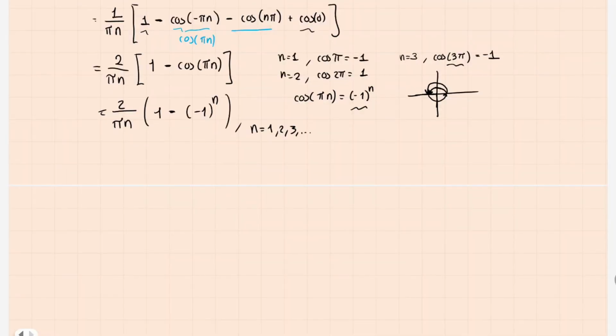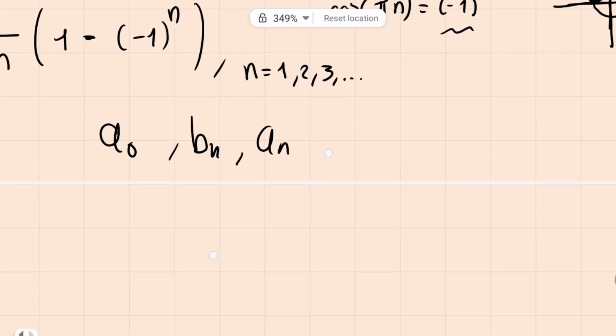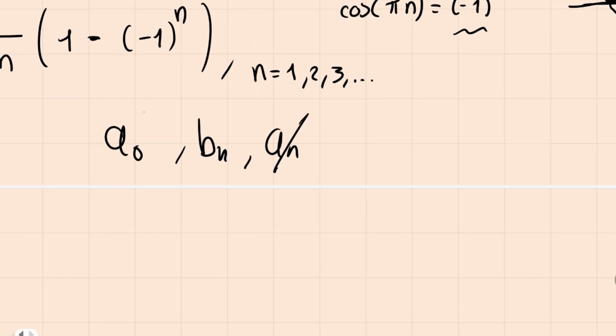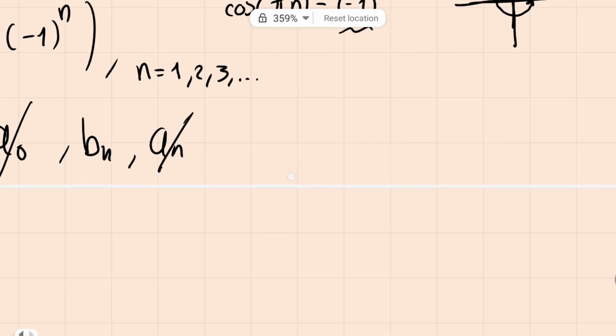Perfect. Okay, so now we are going to write the Fourier series of the function f of x. Remember that the Fourier series included the terms a0, b sub n, and a sub n, but we have calculated that a0 is equal to 0 and a sub n is equal to 0. And the b sub n term, remember, is like the next.